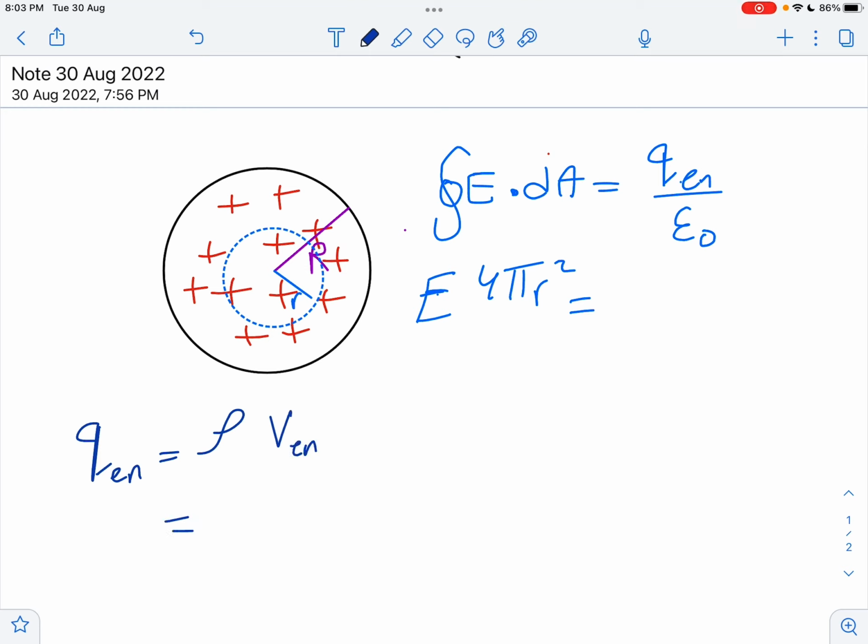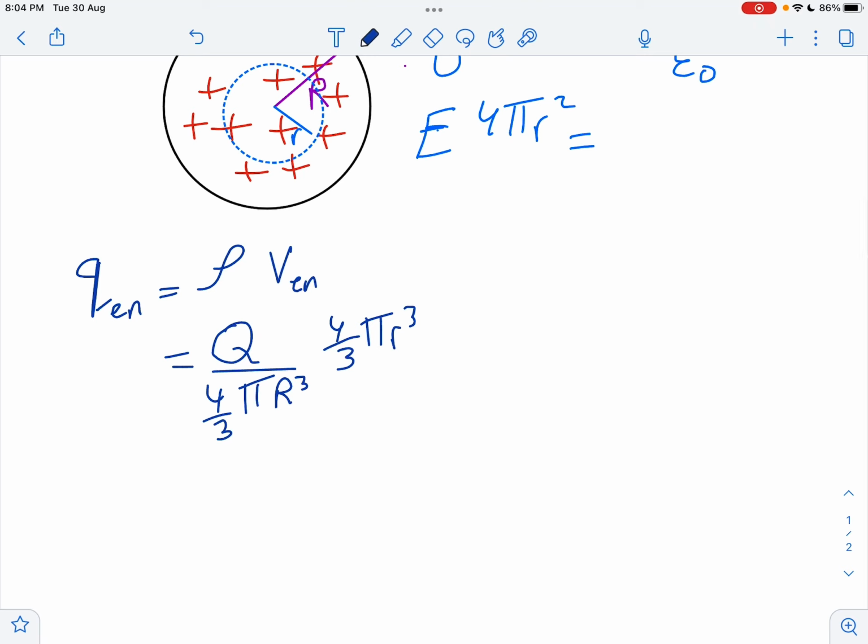This rho is the total charge Q over the total volume of the sphere, which is 4 over 3 pi capital R cubed. The volume enclosed is the volume of the Gaussian surface, 4 over 3 pi small r cubed.